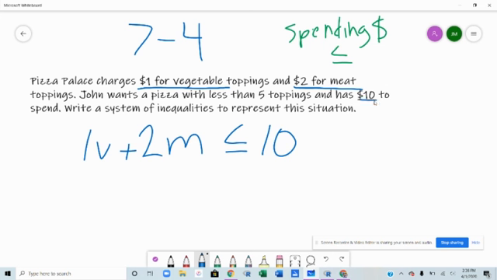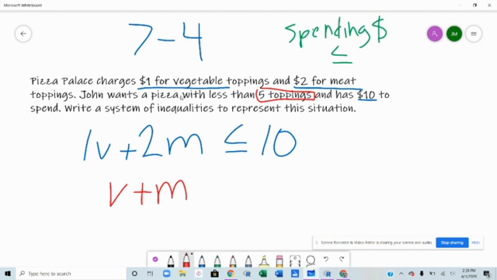Now, I have used the $1, I have used the $2, and I've used the $10. All that I see left for numbers is just 5. I don't have any other numbers. So if you recall, this is where 7-4 would be useful. This is talking about the toppings. Well, your toppings are vegetable toppings and meat toppings.